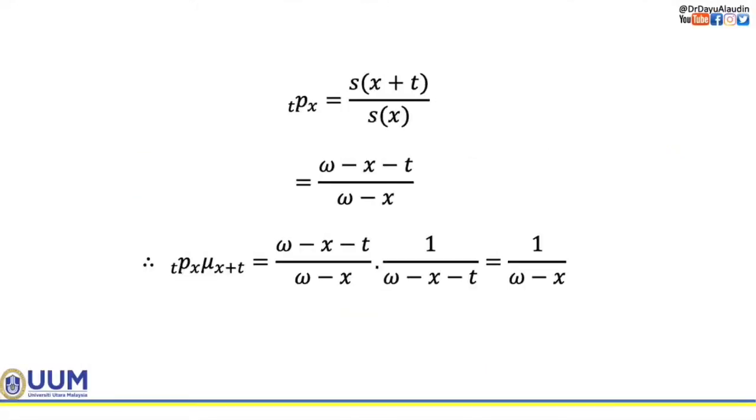Therefore, TPX, where sx plus t over sx, will get omega minus x minus t divided by omega minus x.